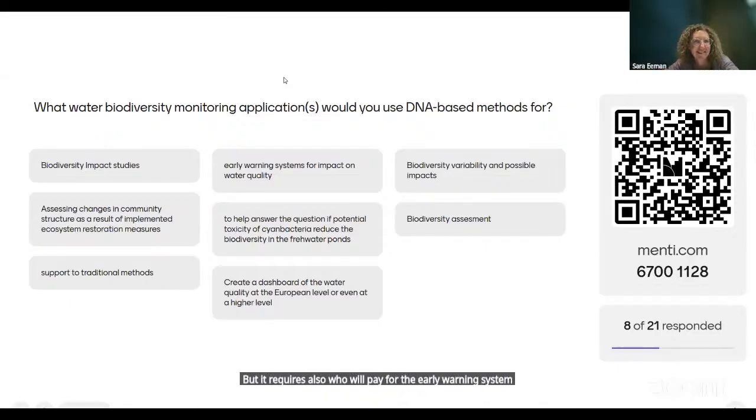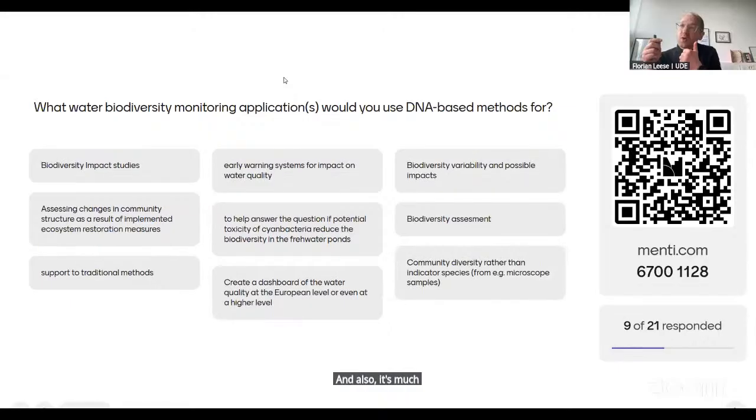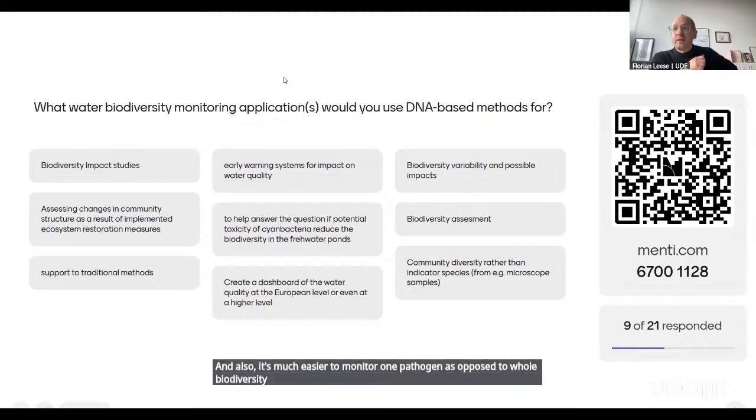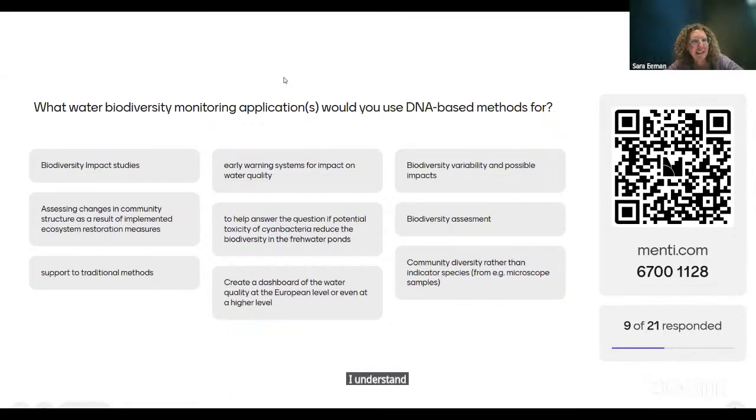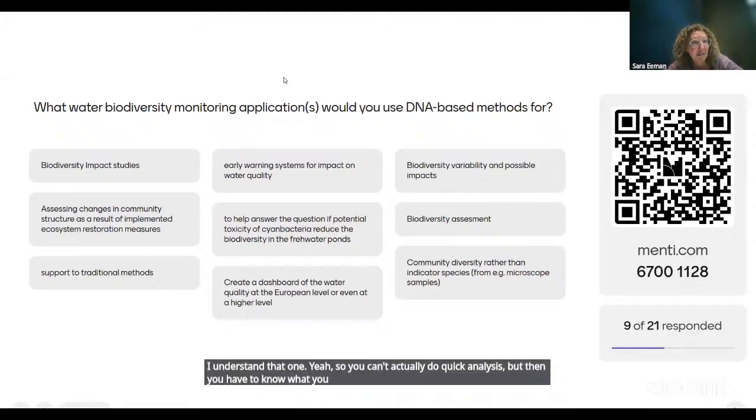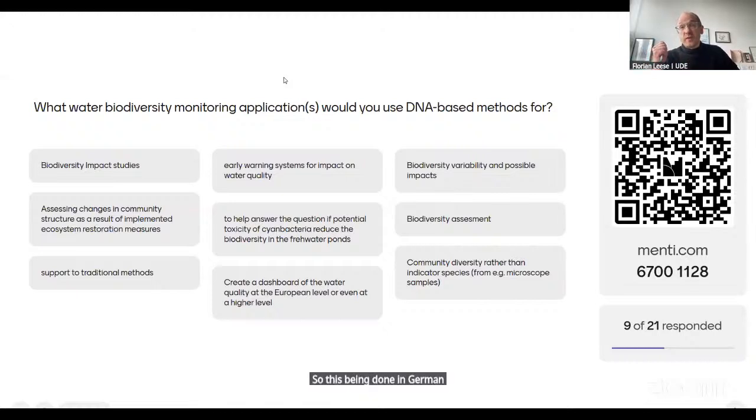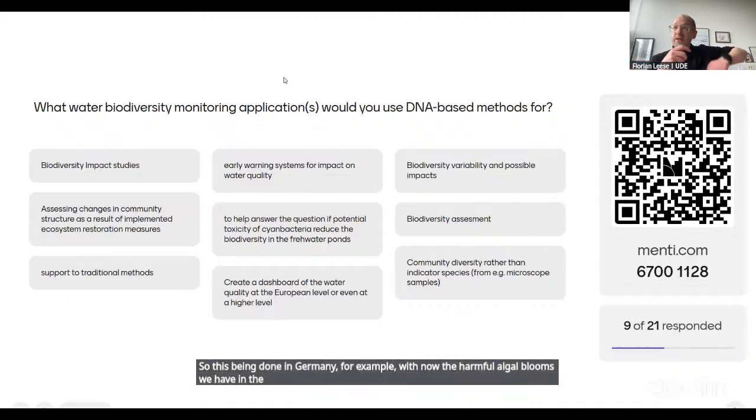Yeah. And also, it's much easier to monitor one pathogen as opposed to whole biodiversity. Yeah, I understand that one. So you can do quick analysis, but then you have to know what you're looking for already. This is being done in Germany, for example, with the harmful algal blooms we had in the river Odra between Germany and Poland, this big catastrophe.